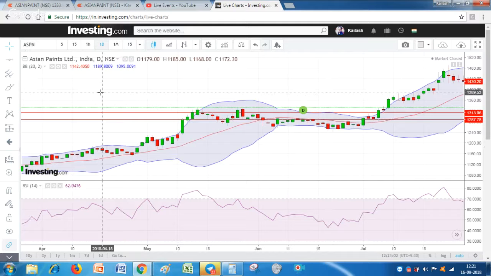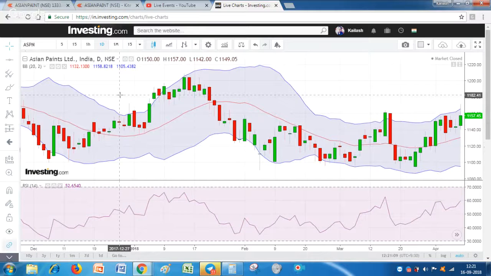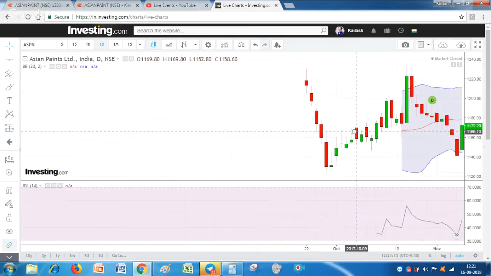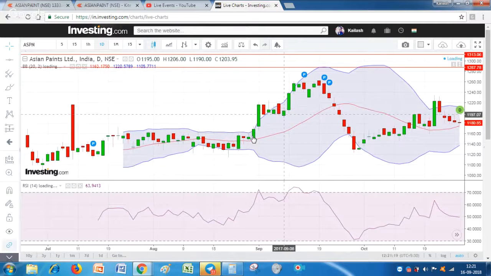So hopefully friends, I have made clear all 2-3 strategies on how we can make use of Bollinger Bands and how they are useful in our trading. We can use them for intraday trading and for positional trading also. These Bollinger Bands are actually telling us the support and resistance levels. Look at this friends, look at a wonderful trade in these two levels.